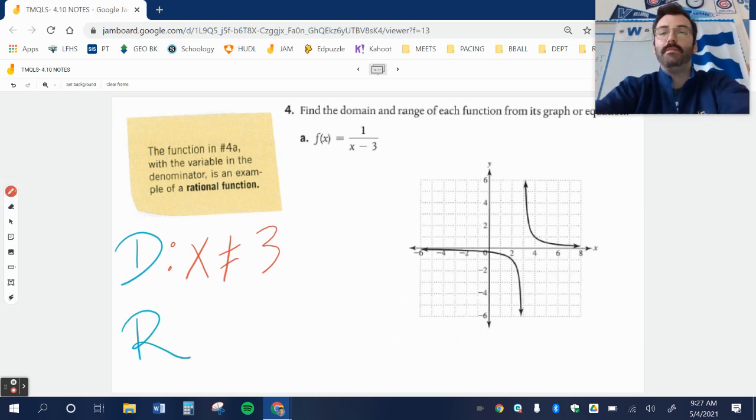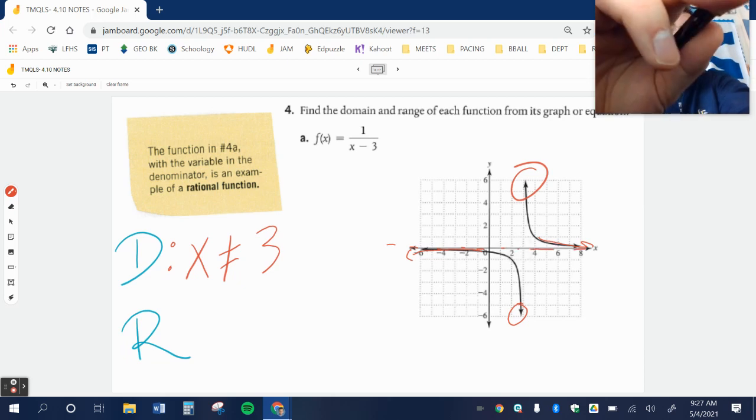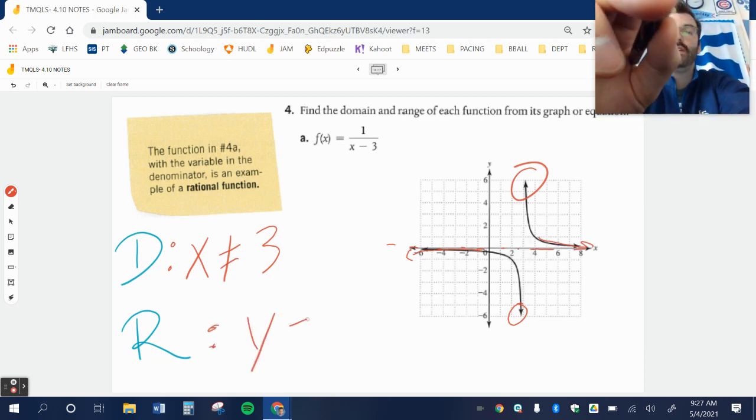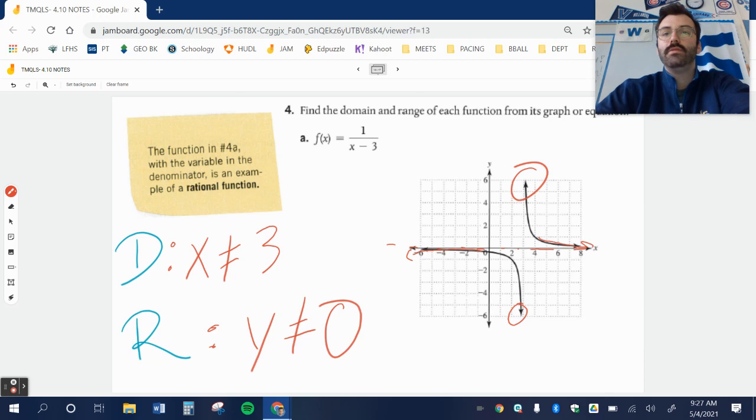So if I start at the bottom here, that's going off to negative infinity. And then all of a sudden my graph is tailing off, it's just evening out like that. And it's doing the same thing here, and then it's going off to positive infinity. So the only restriction on y that we have is that y cannot equal 0.